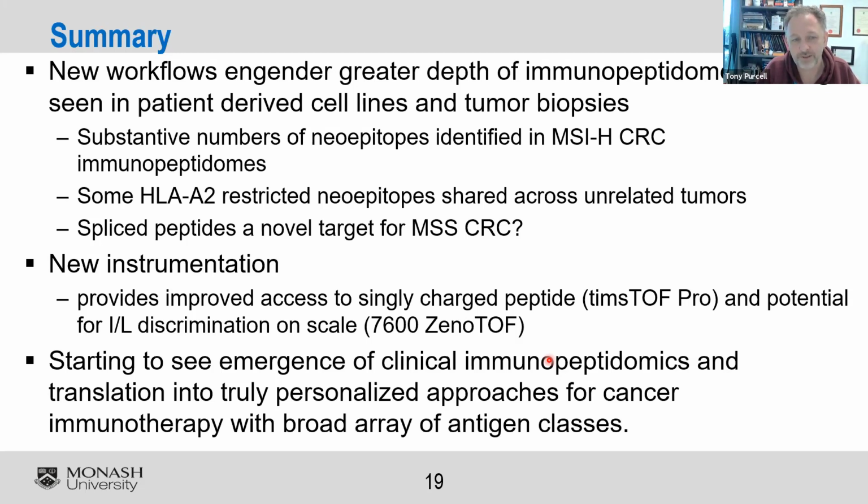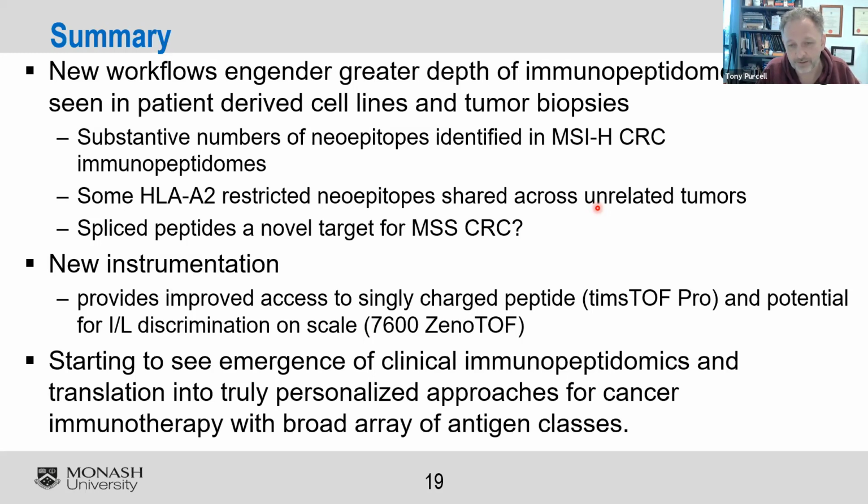I also showed you that when you don't have that high mutation burden, you have to look at other classes of antigens, and if we're all together, we could have an argument about what the best class of those antigens might be. I've shown you that if you're lucky enough to get access to new instruments, the technology can help both in increasing the depth of the immunopeptidome and in getting greater confidence in peptide identification.